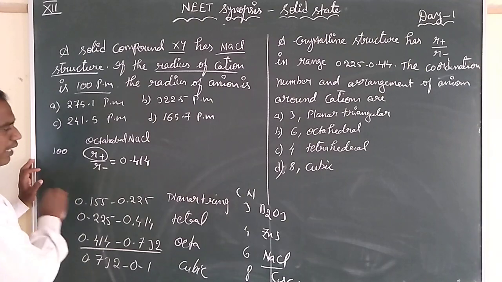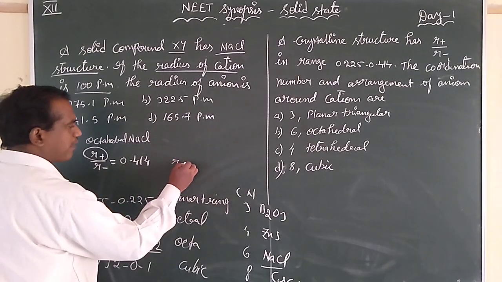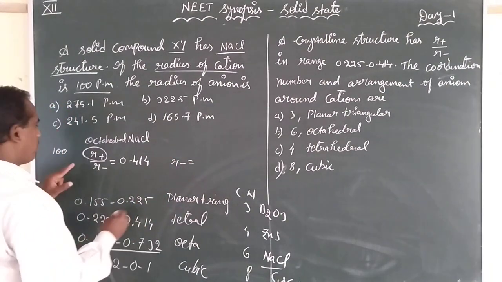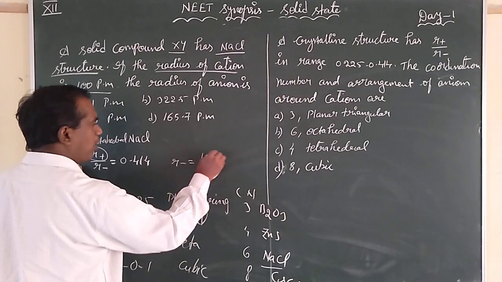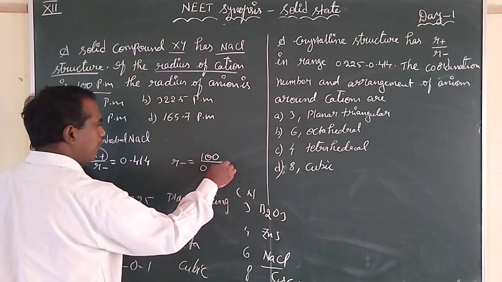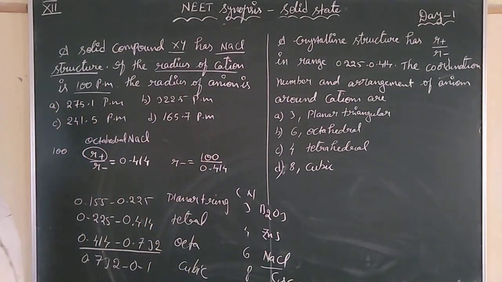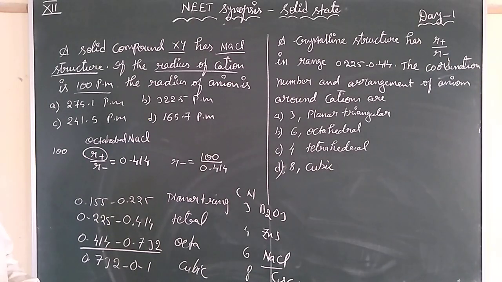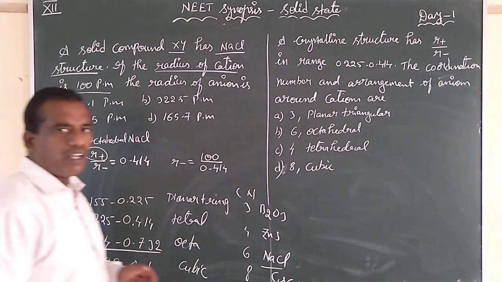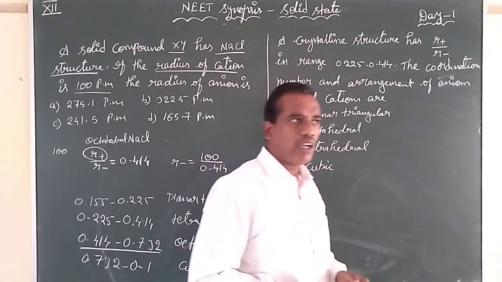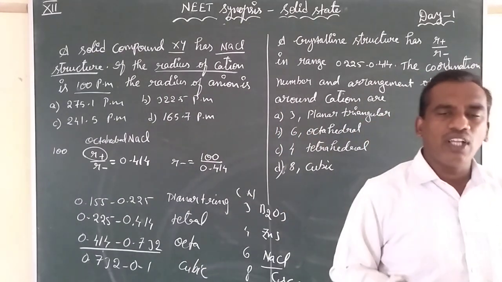How much will be the radius of anion? Radius of anion is equal to 100 upon 0.414. I hope you understood how to work and how the question will be given. They will ask either the radius of cation or the radius of the anion.